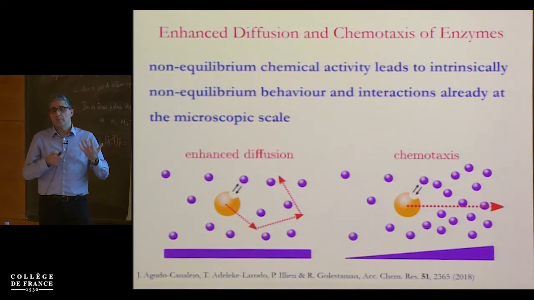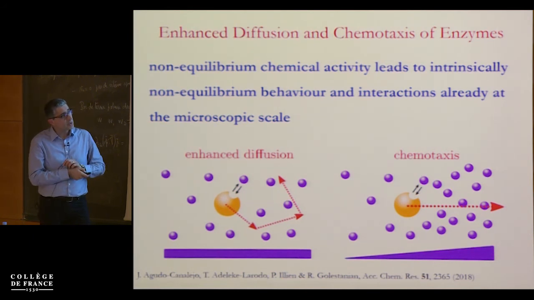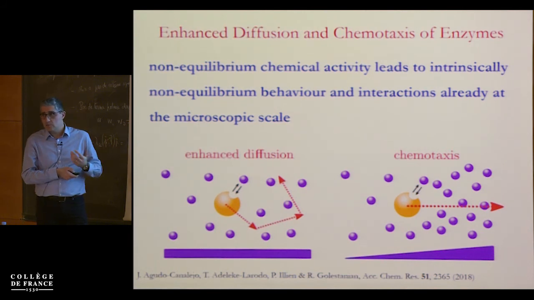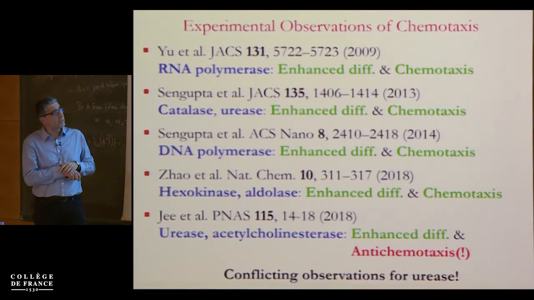It's just a drift, if you want, which happens because of this gradient, but that term has been used in the literature to explain it. Essentially, it's the same as the phoretic drift that I mentioned. I didn't want to talk about the enhanced diffusion part here, but the phoretic part, or response to the gradient, which is chemotaxis, seems to be quite relevant to what we discussed so far.